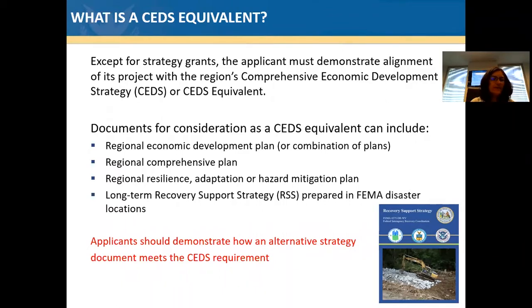And in certain disaster sites, for example in Florida and Texas, under the FEMA National Disaster Recovery Framework, long-term recovery support strategies, which tend to include an economic recovery chapter or section, also might lay out some fundamental regional goals and visions, and the applicant might demonstrate how their proposed project is aligned to those documents.